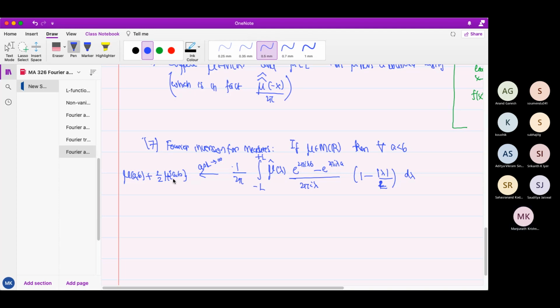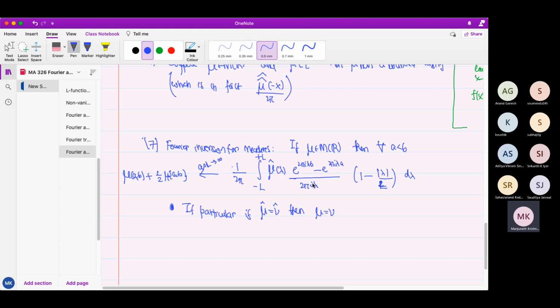In particular, if mu hat equals nu hat, then mu equals nu. That is one corollary, because the right side is entirely in terms of the Fourier transform. Whatever limit you may have to take doesn't matter.